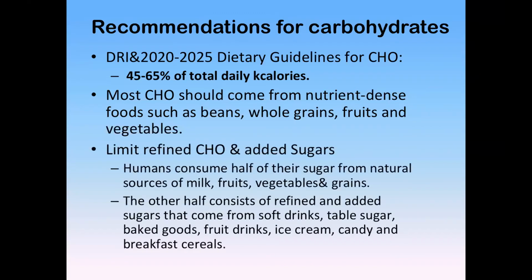On the contrary, we should limit the refined carbohydrates and added sugars. So we shouldn't rely on these as our sources of carbohydrates because, unfortunately, when we do surveillance, we find that humans consume half of their sugar from natural sources of milk, fruits, vegetables, and grains, but the other half consists of refined and added sugars that come from soft drinks, table sugar, baked goods, fruit drinks, ice creams, chocolates, candies, and breakfast cereals.